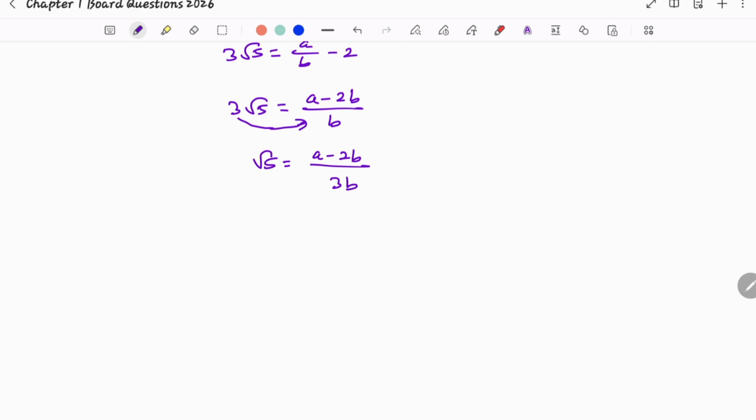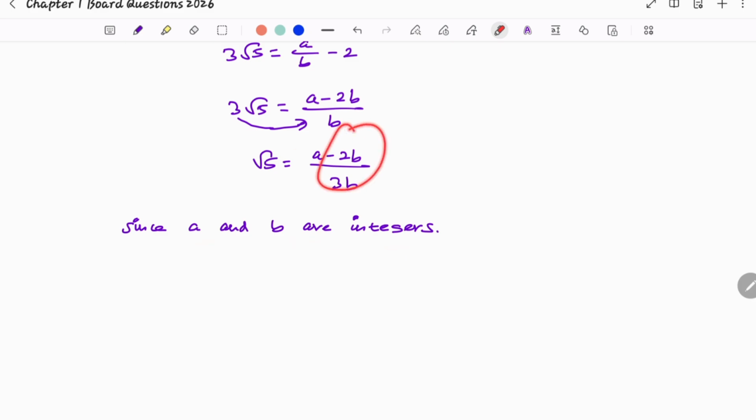Since a and b are integers, the right side term, a minus 2b by 3b, is rational, because it is in the form p by q, where the denominator is not equal to 0, and a minus 2b and 3b are integers because a and b are integers.